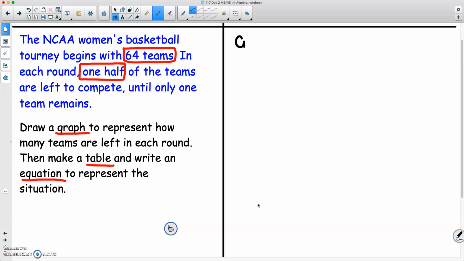So if I start with my graph, there were 64 teams at the beginning, and in each round, 1/2 of the teams are left to compete. So I'm going to call my graph NCAA Women's Basketball Tourney.